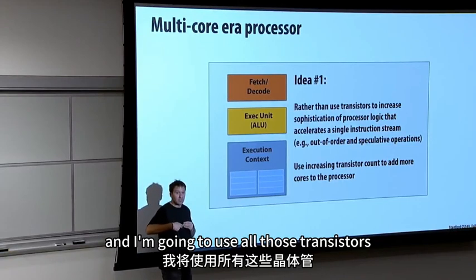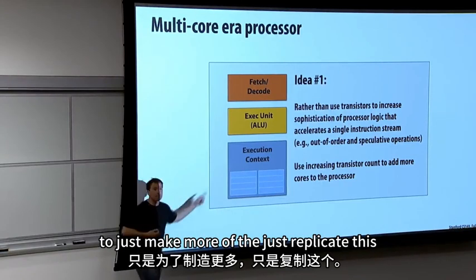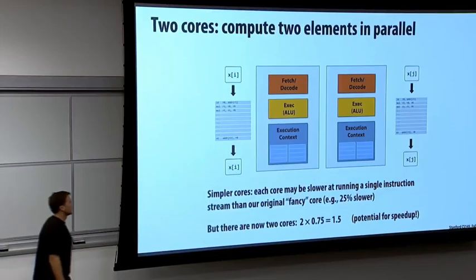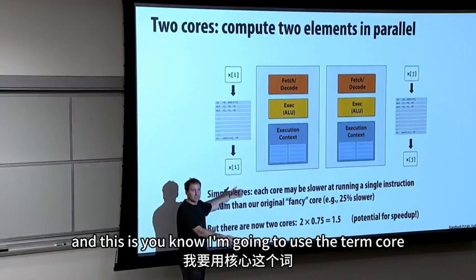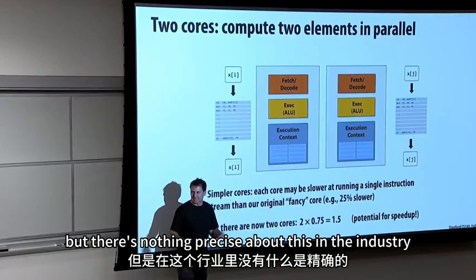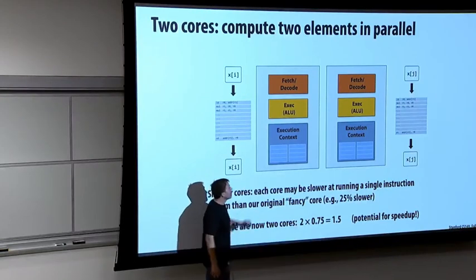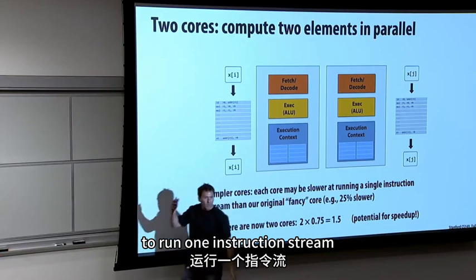And I'm going to use all those transistors I have on a modern chip to just replicate this, to make more of these processors. So now I have a parallel processor. I'm going to use the term core, but there's nothing precise about this in the industry. So now I have a multi-core processor that just duplicated everything that was needed to run one instruction stream.